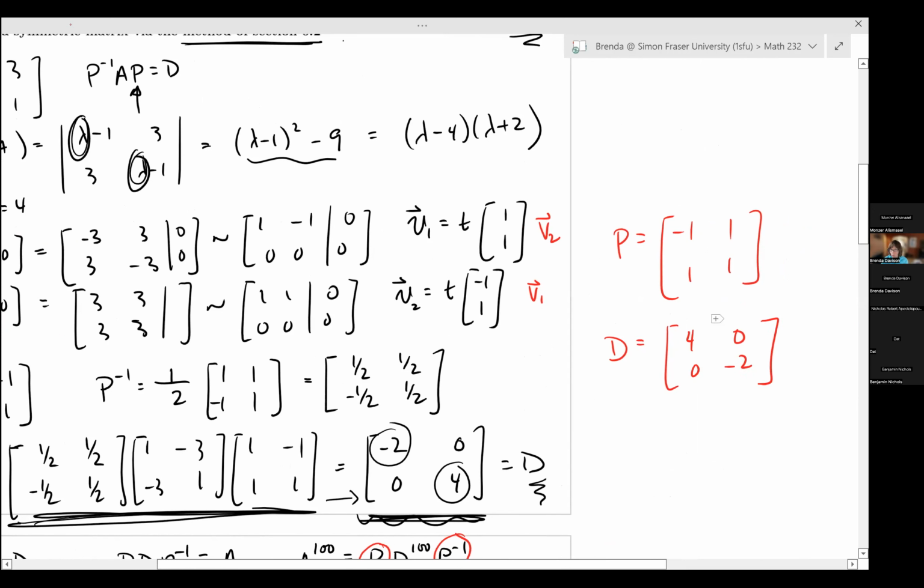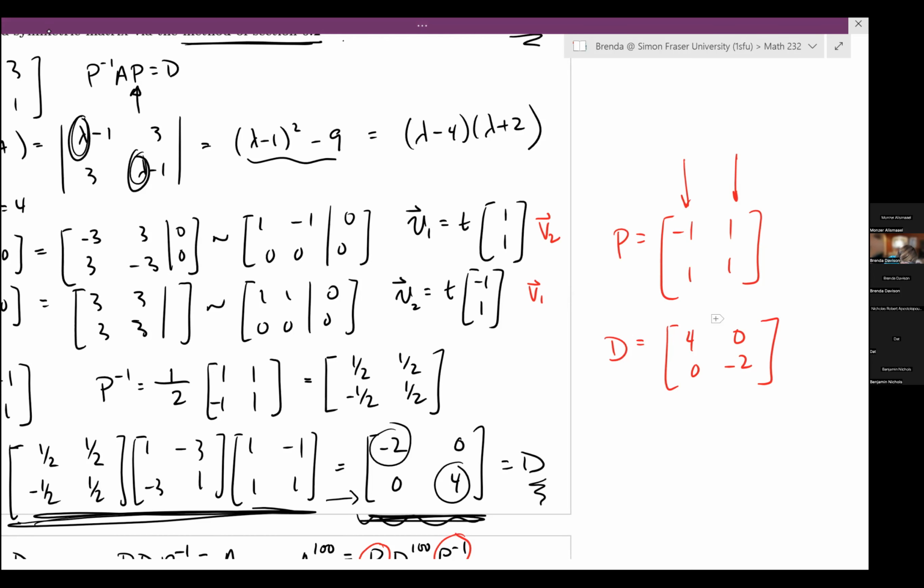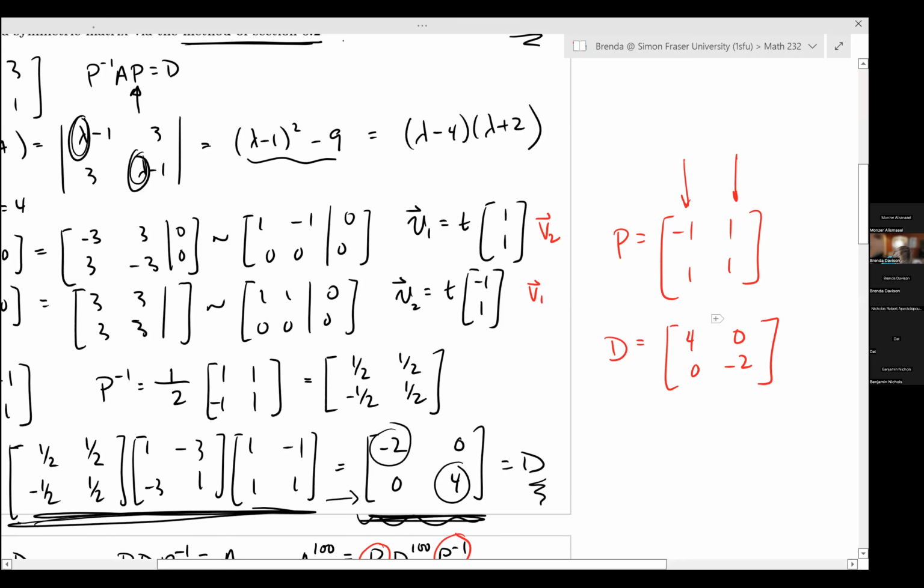It would be 4, 0, 0, minus 2. Okay, so the order doesn't matter, but if you chose to do your eigenvalues in a different order, then the columns of P, the eigenvectors, are different. So it has to properly line up. This eigenvalue right here has to line up with that eigenvector, and this eigenvalue lines up with this one. You'll see that's the case over here too.